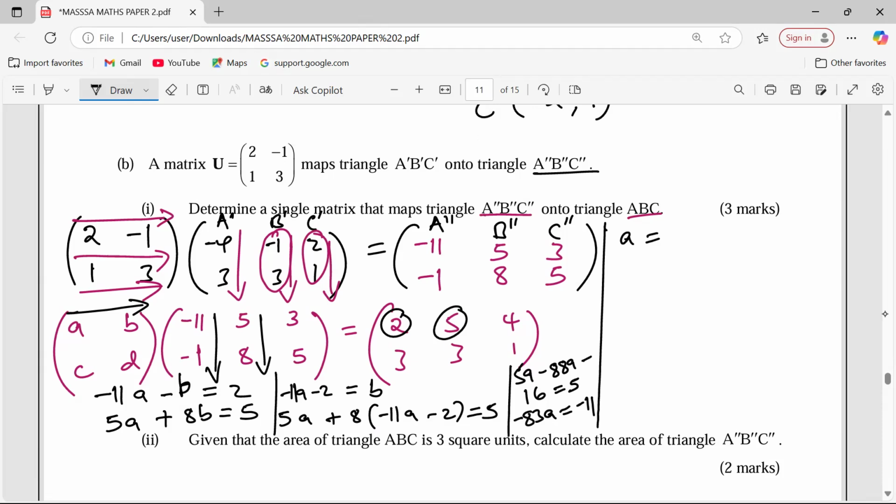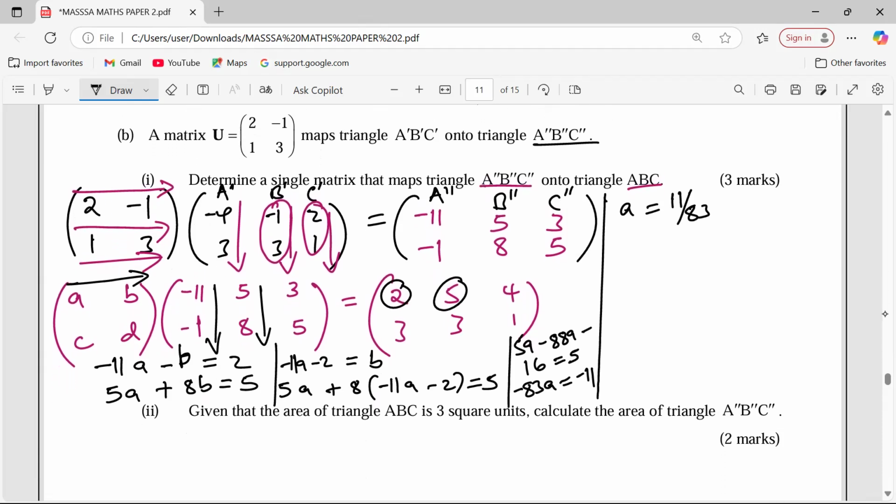And this simplifies to 11 over 83. It's my hope that I didn't make a mistake in any of the workings. So I'm hoping that that one is well worked out.